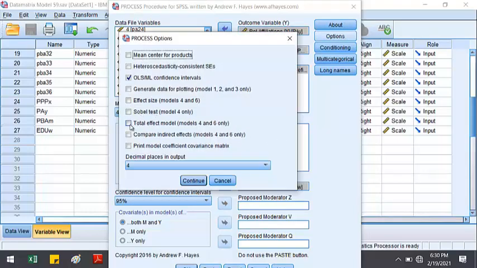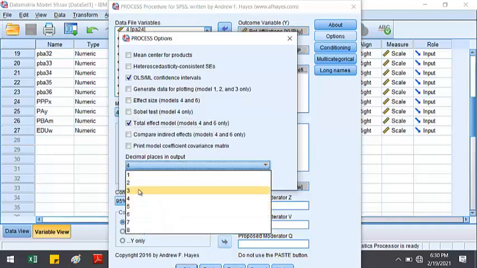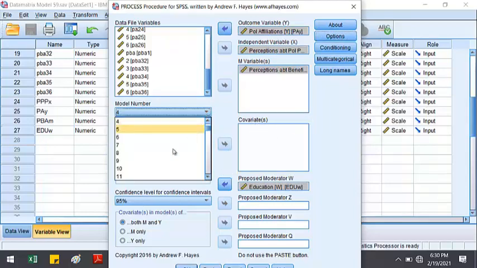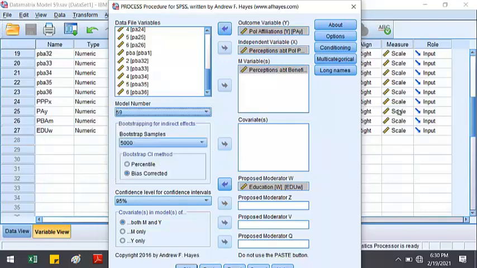Options, total effect model, and 3 decimal places for the results. And then finally we will select the model number 59. Model number 59 and press OK.